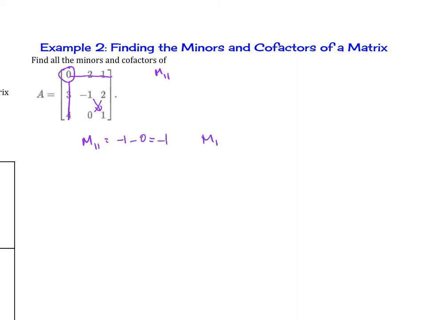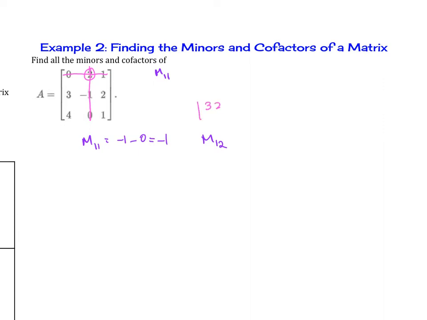Then to find M12, we erase everything here, and delete this row and this column, and then find the determinant of the resulting matrix.